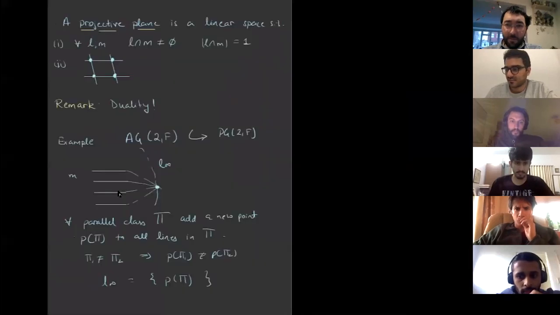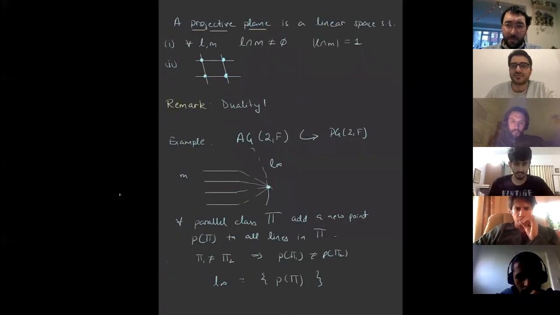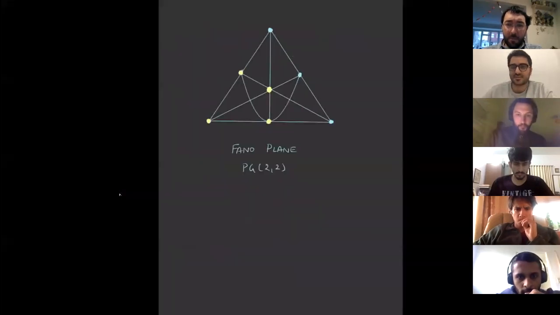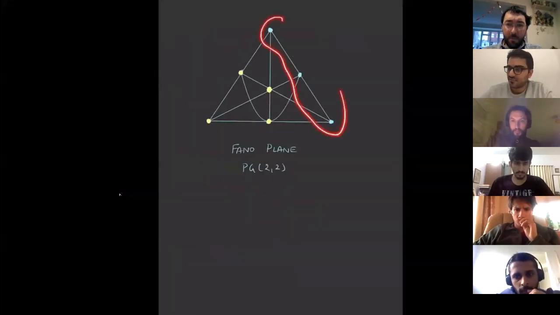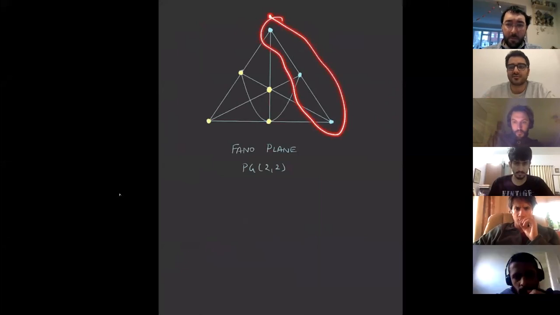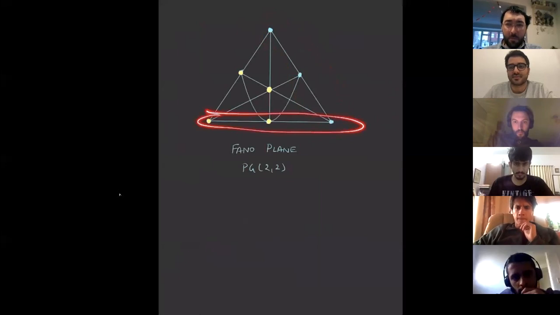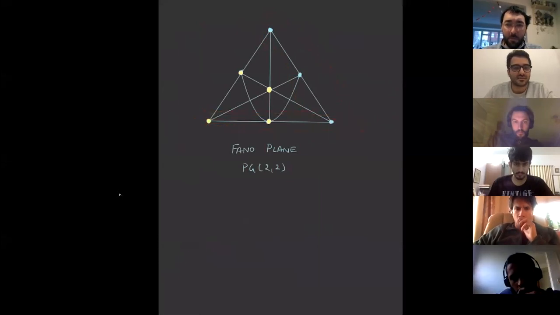You can start with any projective plane, for example this projective plane, and pick any line of the projective plane. Let's say we pick this line. You remove this line, you remove all the points on this line, and then you end up with an affine plane. You can also prove that.